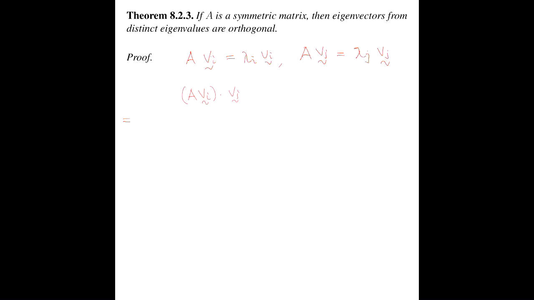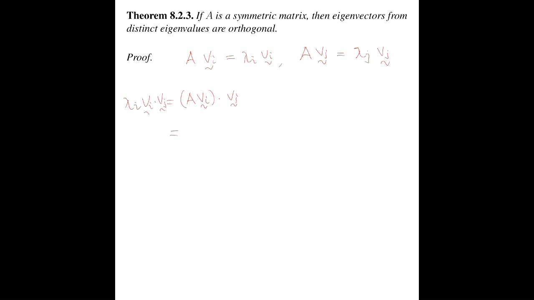Of course, we know this is just equal to lambda i times Vi dot product Vj. So we know that this is just equal to that.